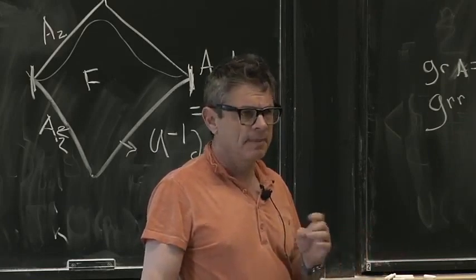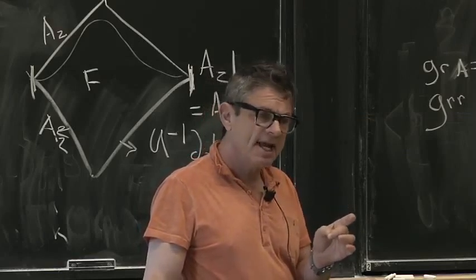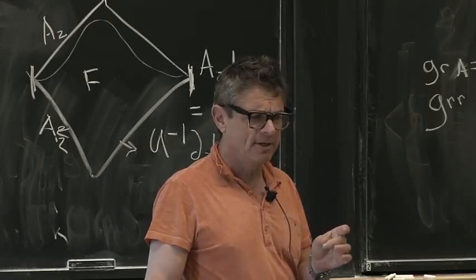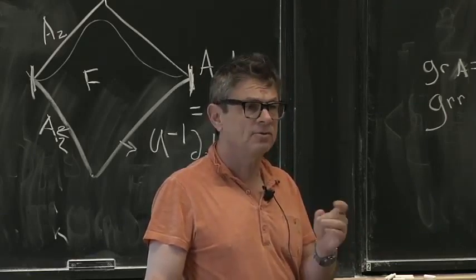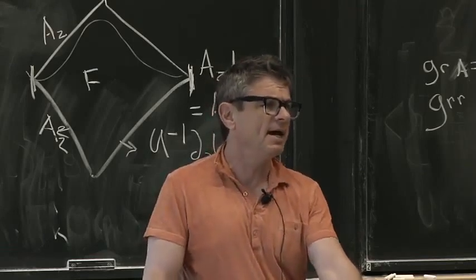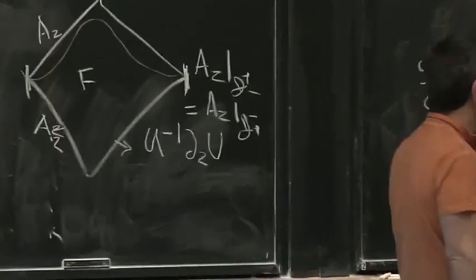They had it wrong as far as how things behaved at scri plus plus and scri plus minus. But they did have, so we'll come to that later, and it will be important later.